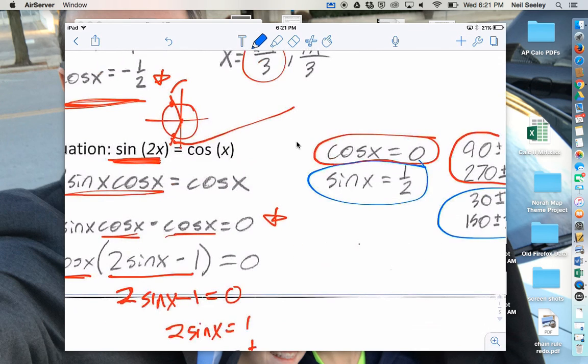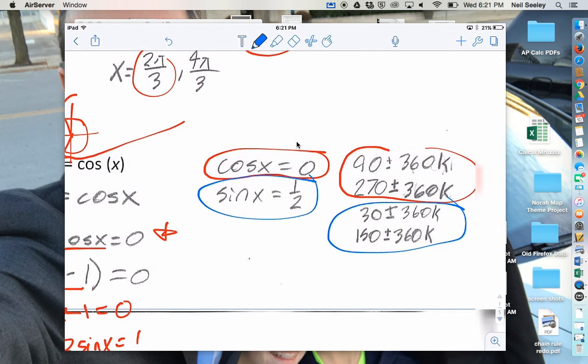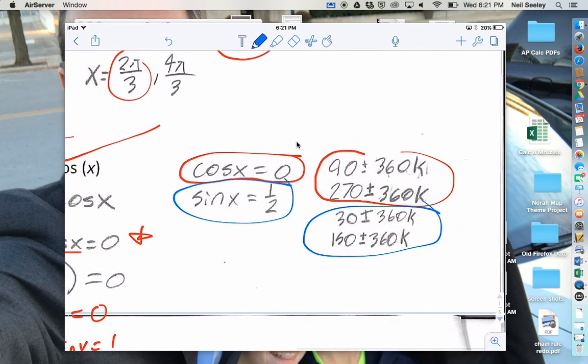So those are your solutions all together, and all solutions means you're adding a rotation around the unit circle, so plus or minus 360k on any of those solutions. If I were doing radians, I would convert this to 90 is pi over 2, and 270 is 3 pi over 2, 30 is pi over 6, 150 is 5 pi over 6, and you add plus or minus 2 pi k.